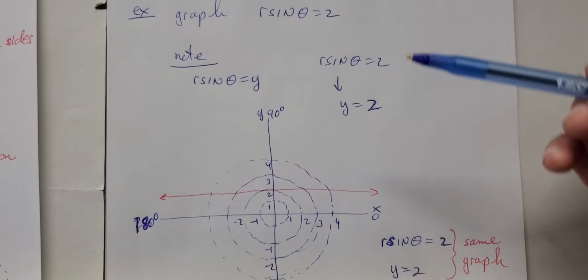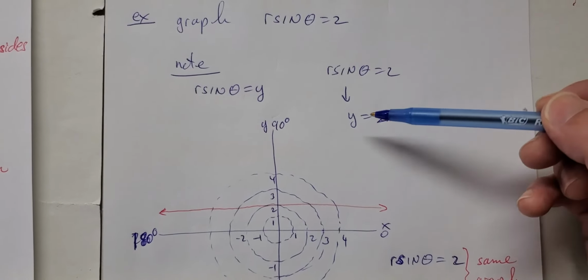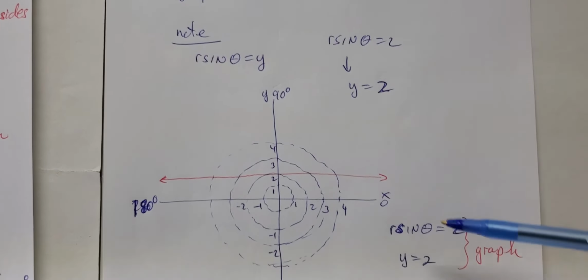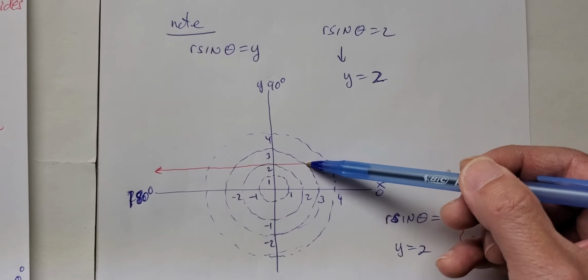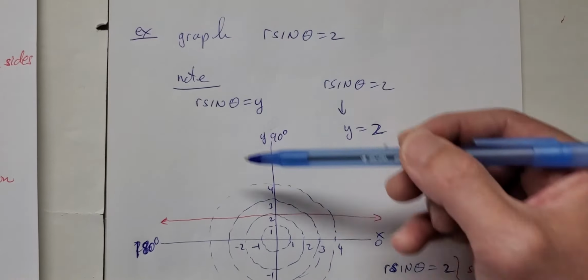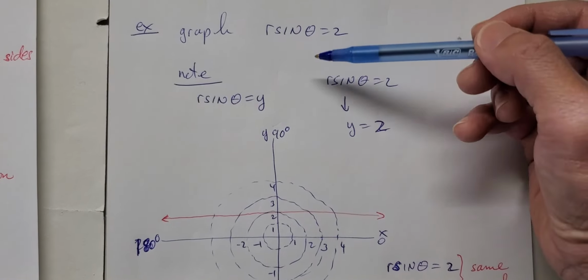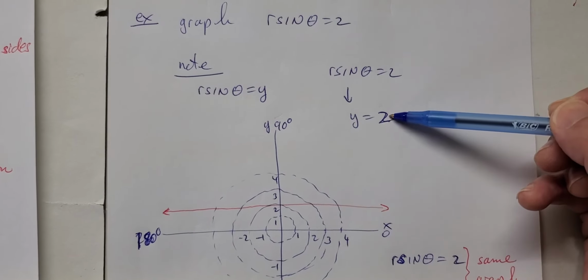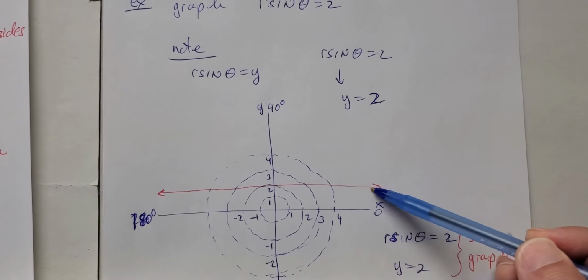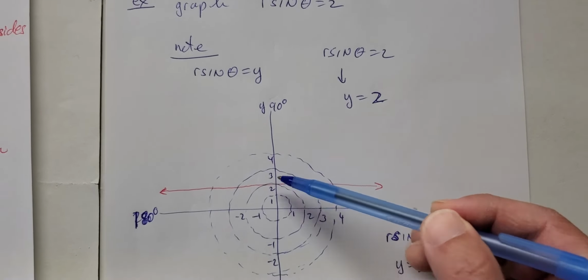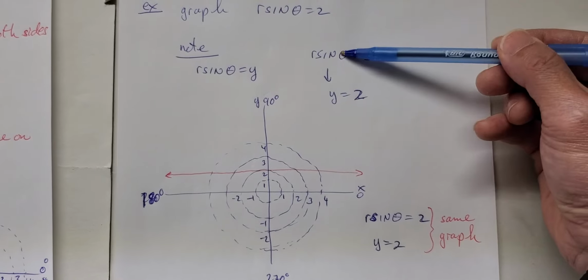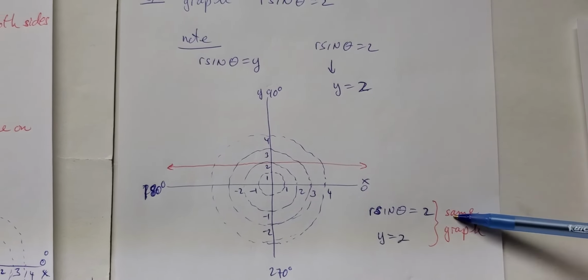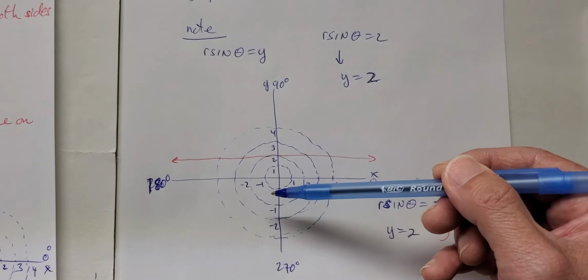Polar coordinate, rectangular coordinate, same graph, same location. One more time, there's nothing much you can do because r sine theta is y. So y equals 2 is just a horizontal line on 2.